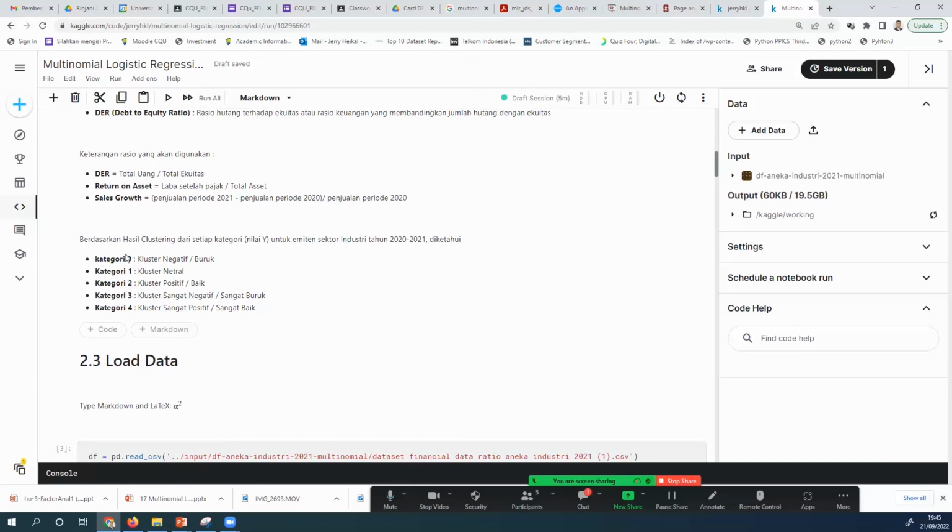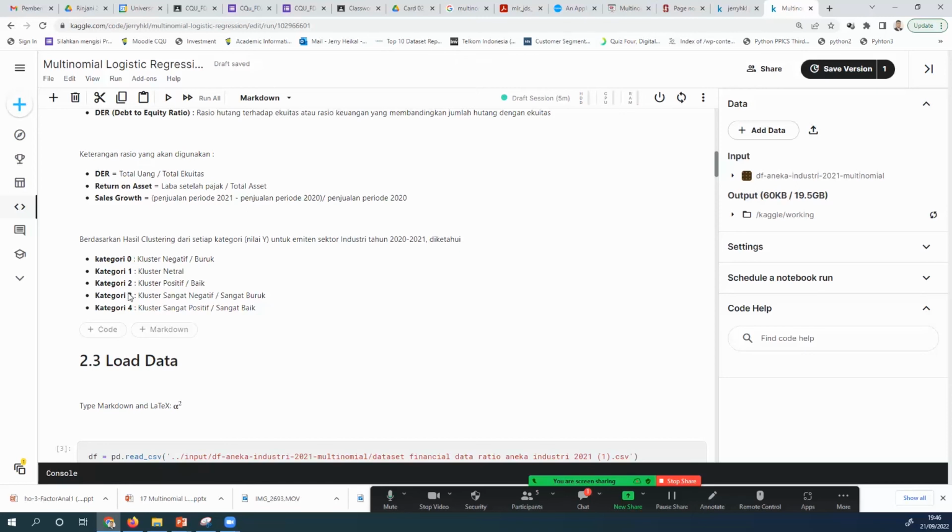Since the cluster result in Kaggle usually does not name the clusters accordingly with A, B, C, and D. So cluster A is, let's say, very good, meaning A is 4, and then B is 2, 1 is 3, 4 is 0, 5 is 3.